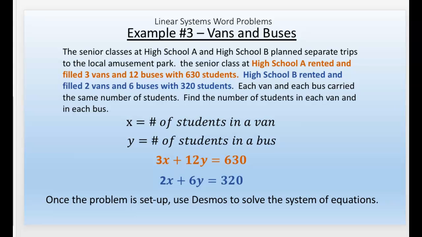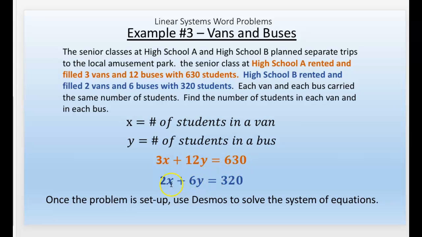All right, here's the setup. Again, the red is high school A and the blue is high school B. X is the number of students in a van and Y is the number of students in the bus. So just read it. If high school A filled 3 vans and 12 buses, that's 3X plus 12Y, 630 students.